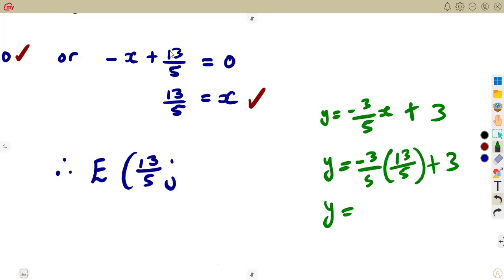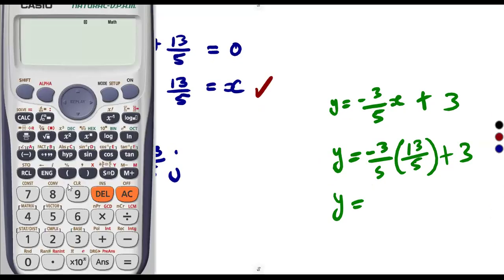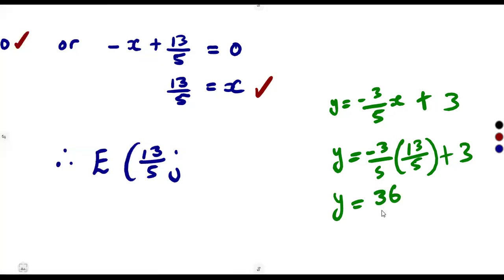Open the bracket, 13 over 5, close the bracket, plus 3. So that gives us 36 over 25.